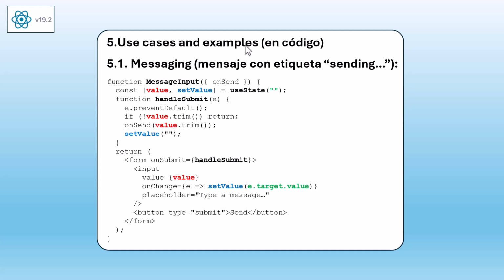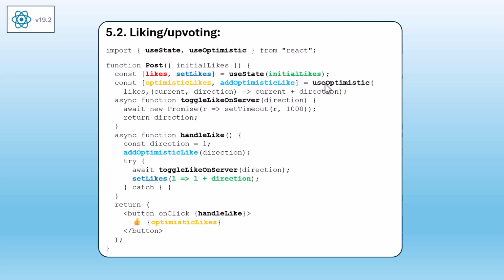Once the server confirms receipt, the UI updates to the final state, removing the sending label, perhaps adding a timestamp. Liking, upvoting. When a user presses the like button, the like count and icon change immediately. Meanwhile, the API call happens. If the call fails, you might undo the increment or show an error.